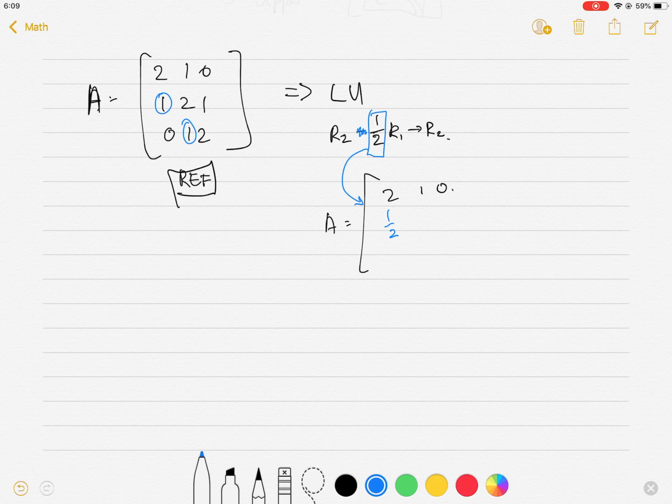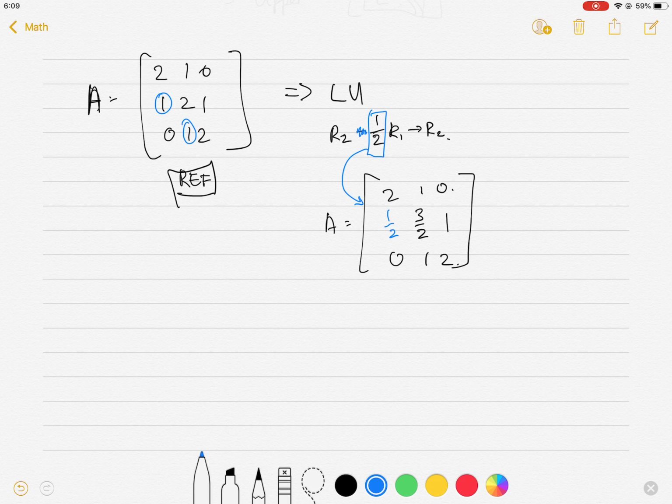Because later, we're splitting this matrix into two parts. Anything under the diagonal would be the L part of the split triangle. So we have 1/2 here, and then this is 3/2, and then this would stay the same, 1.